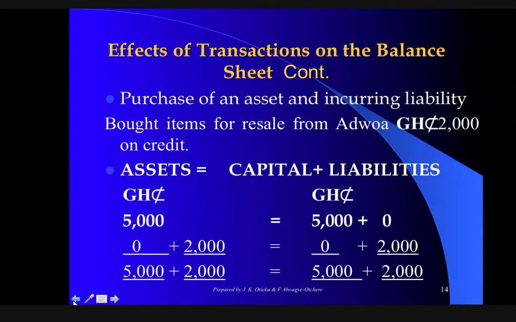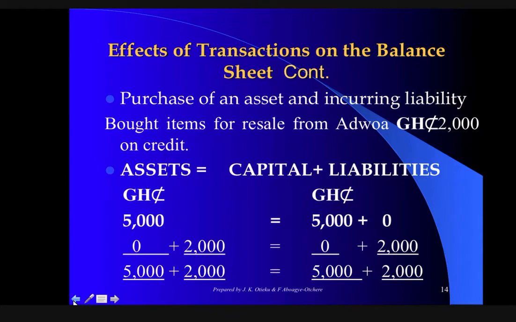Agreed? Yes. Okay, then you also told me that debtors has increased by how much? 6,000. You told me that debtors is an asset. So now we'll see 7,000 minus 1,000 plus 6,000. Agreed? Yes, madam. Equal to.